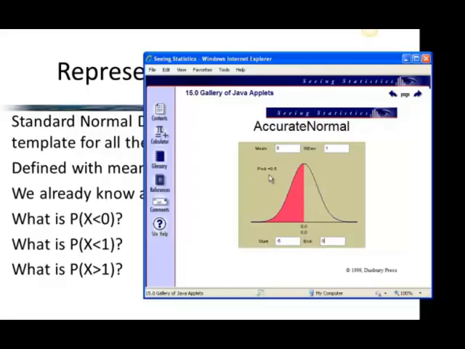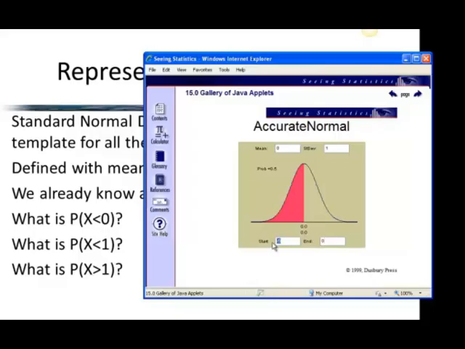What about the probability that x is less than minus 1? Well, how could we estimate that? If we think about our empirical rules, what did we say about the probability for a symmetric distribution of being at a value between minus 1 and plus 1 standard deviations away from the mean?